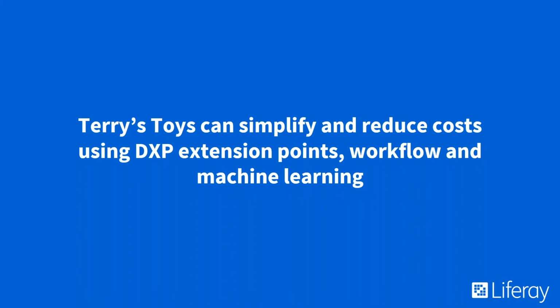So Terry's Toys, potentially, if they were using Liferay DXP or a like-minded system, could use extension points, workflow, and machine learning together. And I'm going to allude to this a little bit later on by telling you what they get when they meld those three things together.